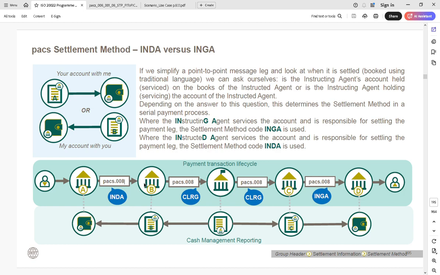So in this example, B acts as the instructed agent here. Because B gets the statement, what we call getting services from the agent here.